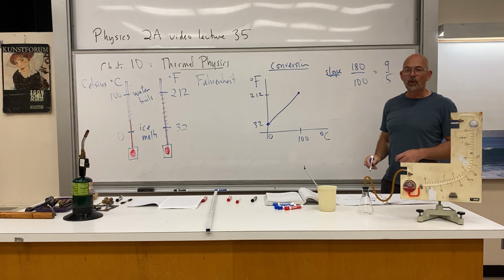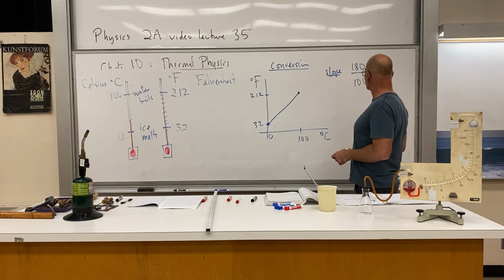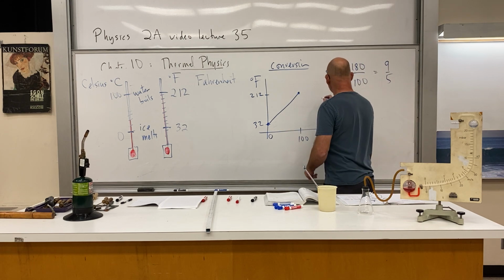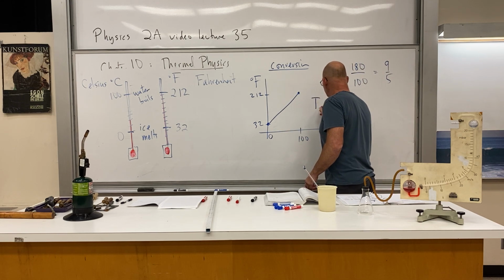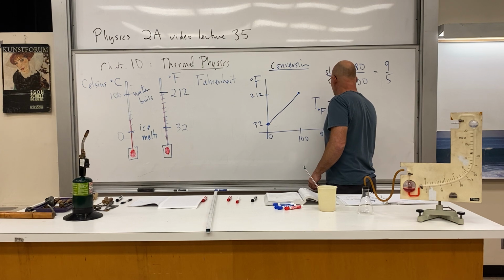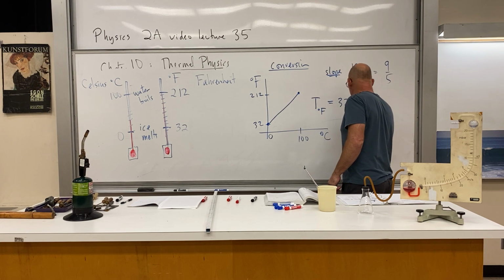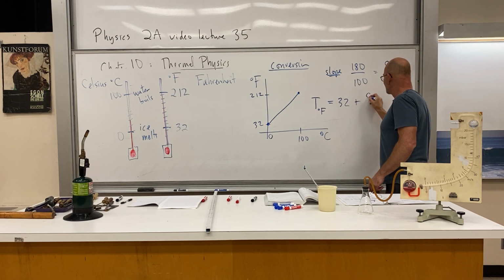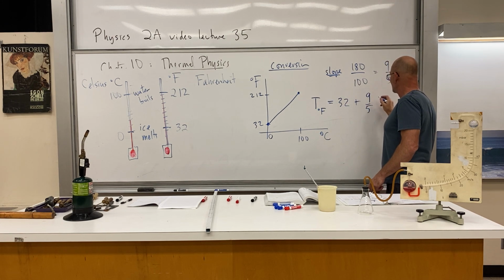So now we can use the point slope formula that you guys remember learning at some point in time. And here's our graph. We could say T degrees Fahrenheit is equal to 32 plus the slope, 9/5, T degrees Celsius.